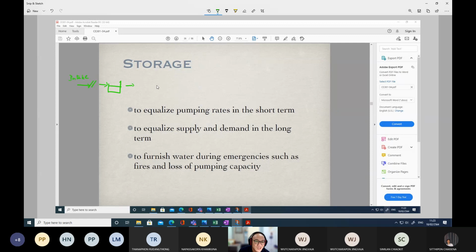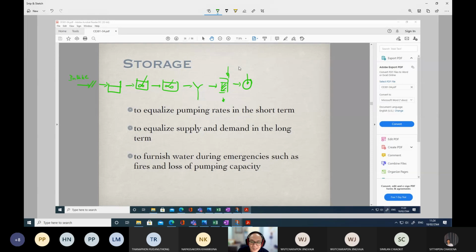And after the storage, we pump this water and bring this water into the treatment facilities, maybe the rapid mixing or the coagulation, followed by the slow mixing or the flocculation, and after that sedimentation. After sedimentation, it would be the filtration. After filtration it is the clear well.